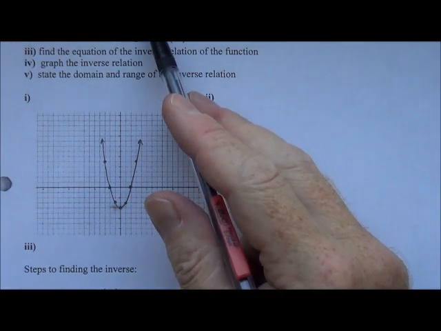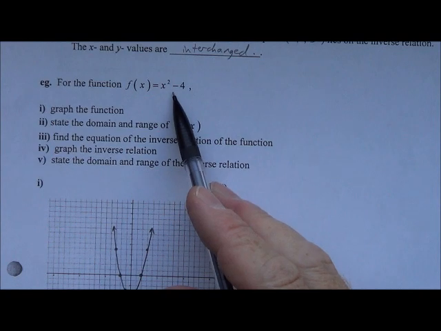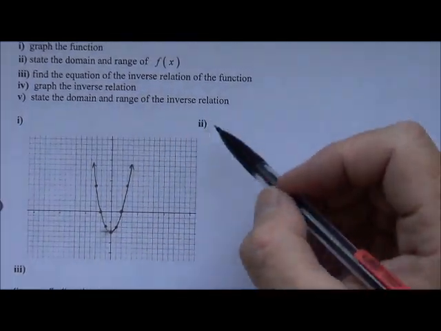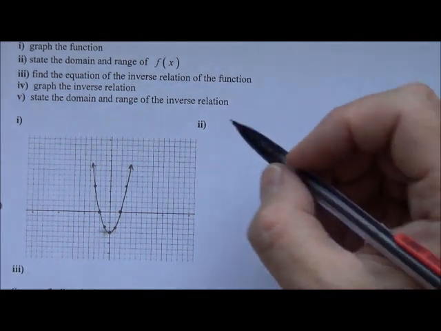Okay, so that's f of x equals x squared minus 4. Okay, state the domain and range of f of x. Okay, pause the video and please work on that.